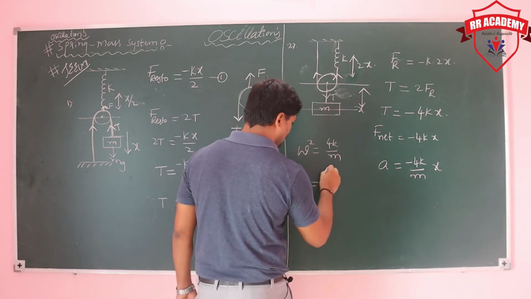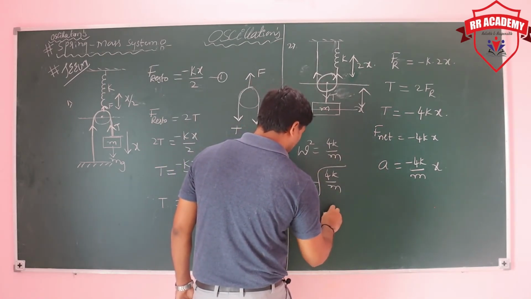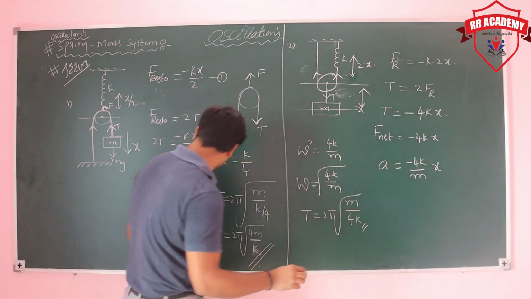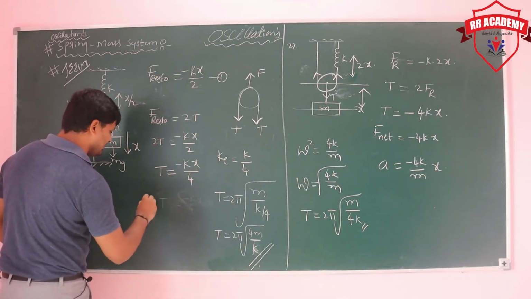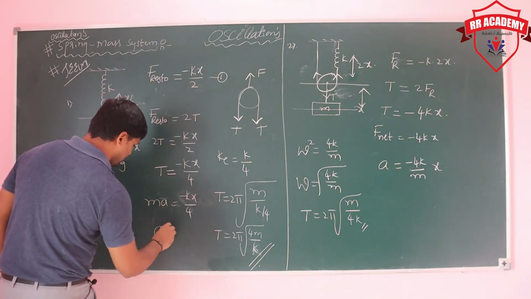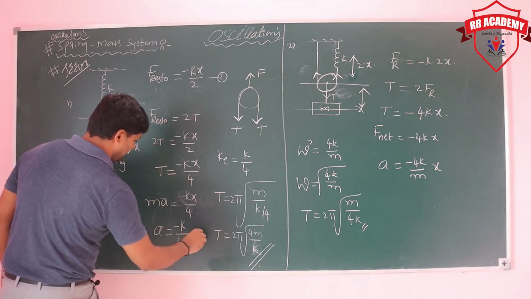Then omega equal to root of 4k by m. Then time period equal to 2 pi into under root m by 4k. Here also same: net force m into a equals minus 4kx, then a is equal to minus 4k by m into x.